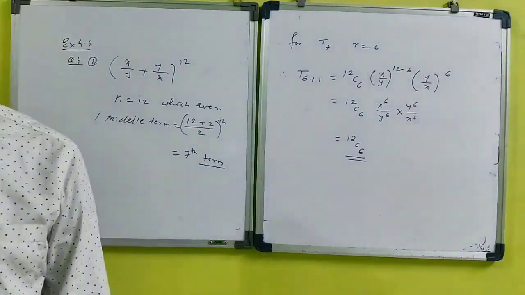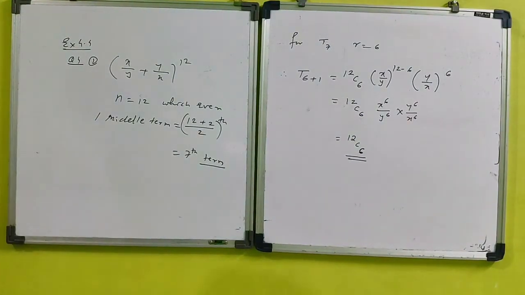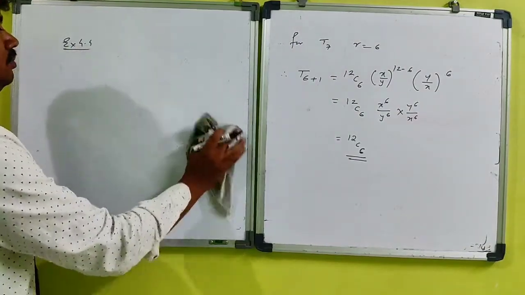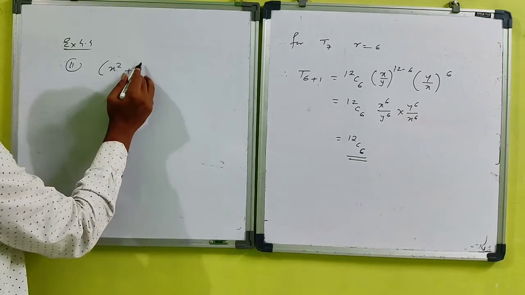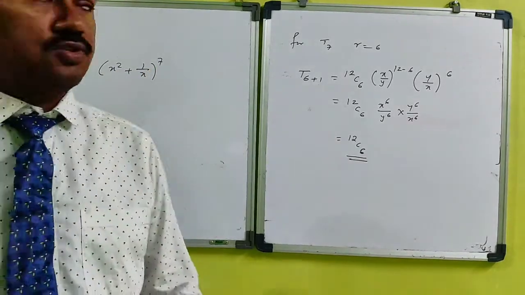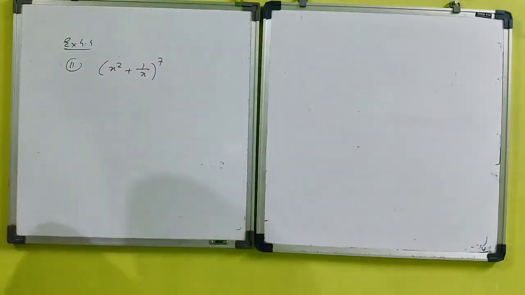Similarly, the next question: (x squared + 1/x) raised to 7. In this case, again you have to find the middle term.